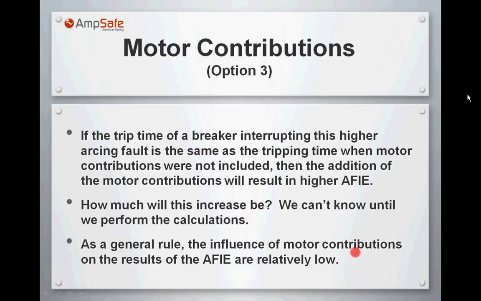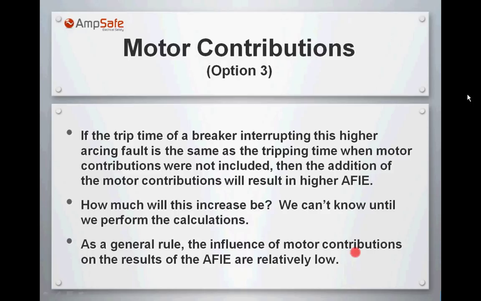If you are already in the instantaneous region of the breaker with the original arcing fault, original meaning without the motor contribution, definitely you're going to be in the same region with the higher arcing fault from the additional contributions of motors.